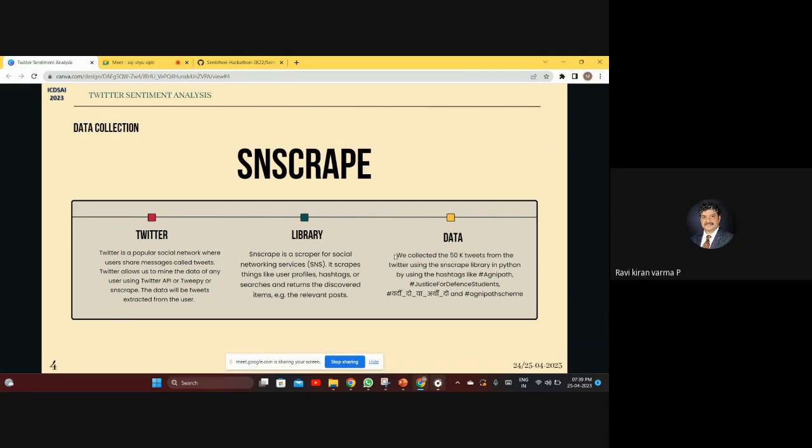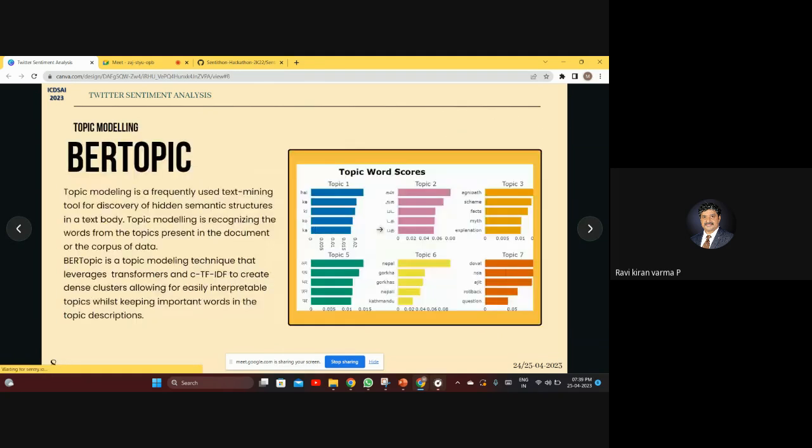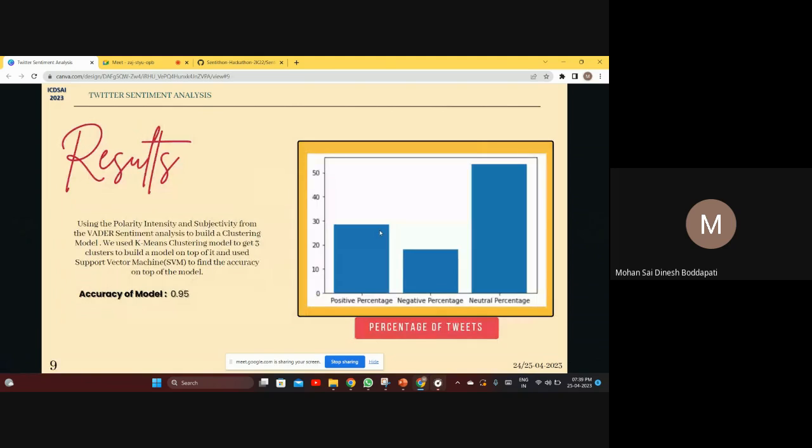You said that you have also classified using an SVM classifier. With k-means clustering, we divided the data into three clusters, and we built an SVM model on top of it, sir. Yes, sir. Then what is the data set? How did you extract the features for the SVM classifier?